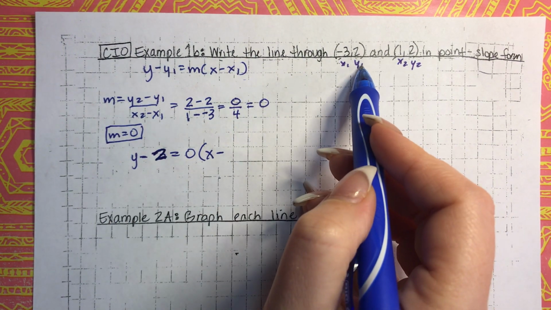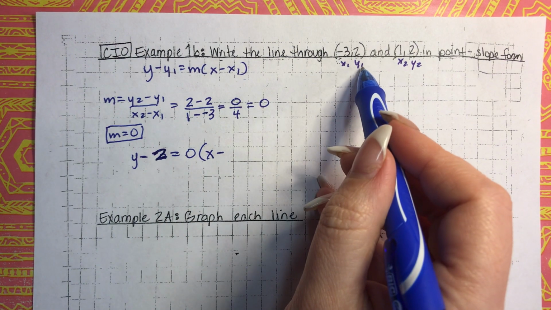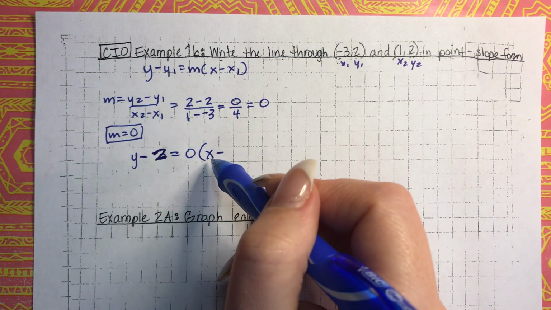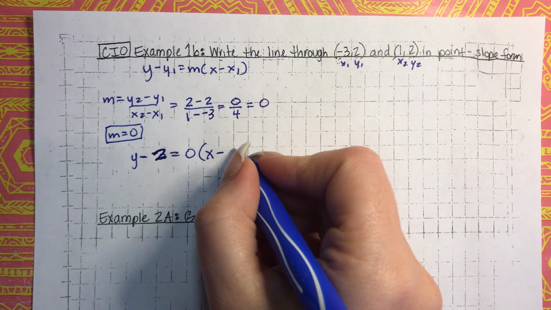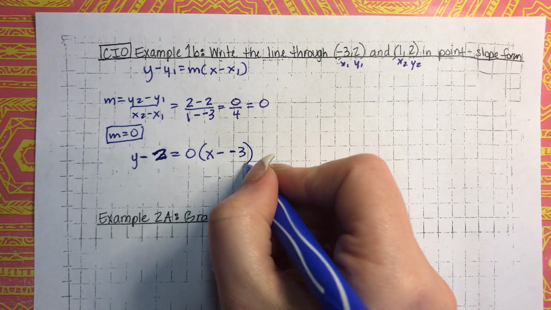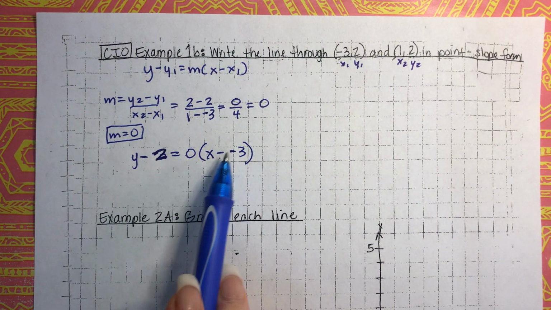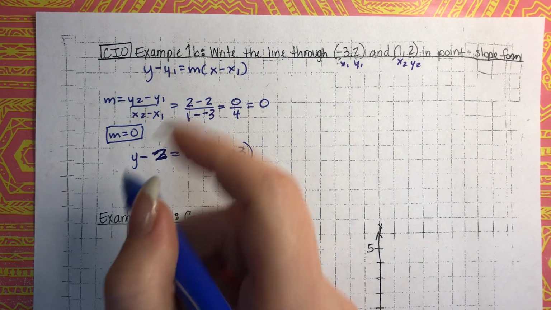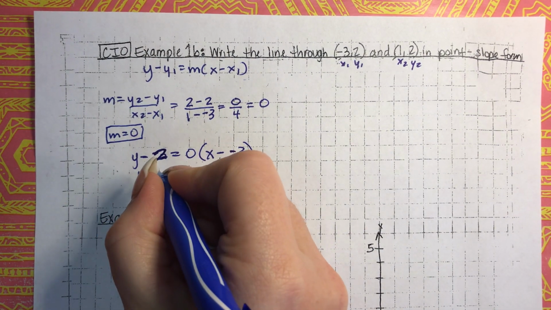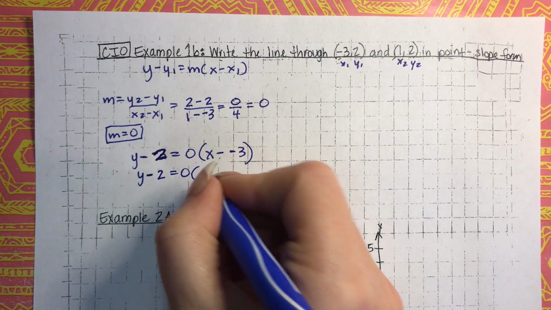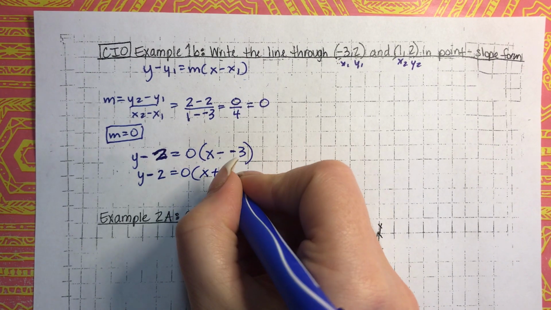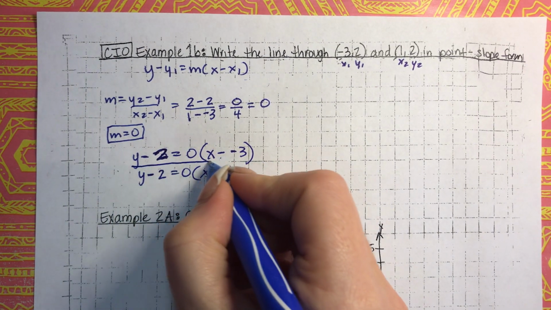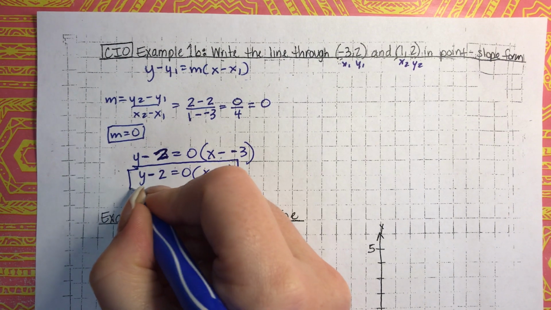Yeah, that's my y1 is 2. y minus y1 is 2. Okay, sorry. And then x minus, this is my x1, is negative 3 here. Okay, so I need to simplify this. Those need to become positive. So my final answer is y minus 2 equals 0 times x plus 3. And this is how you would write your answer.